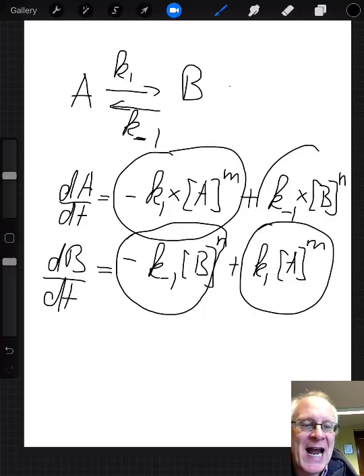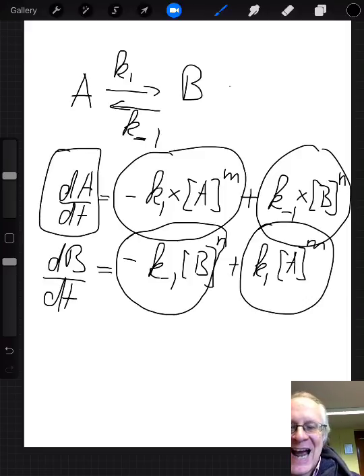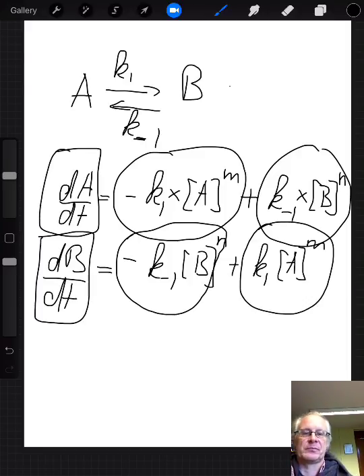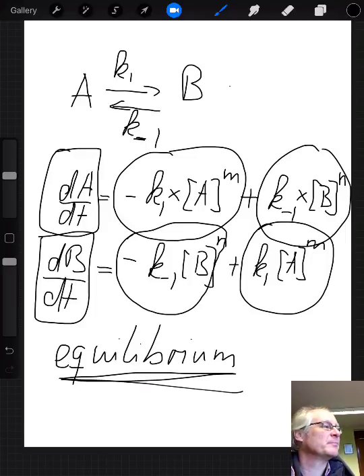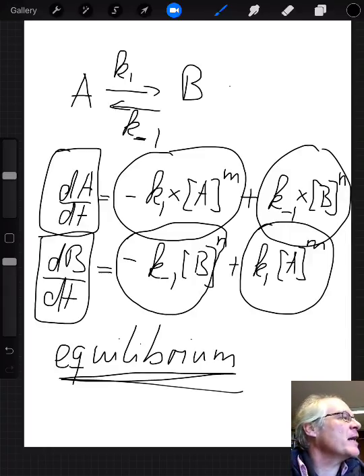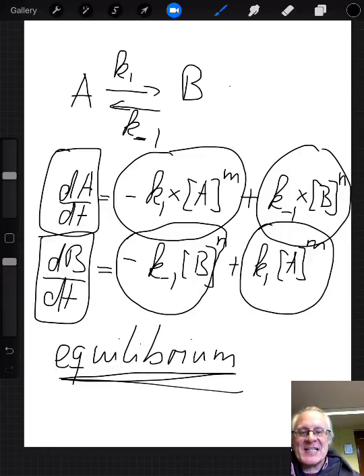It applies to A and it applies to B. And because it applies to both of them, this is called the equilibrium. We have reached an equilibrium. What does that mean? You are right, the rate is 0, nothing changes anymore. We have fixed concentration of A and B.